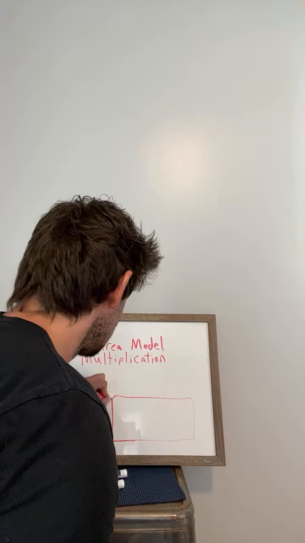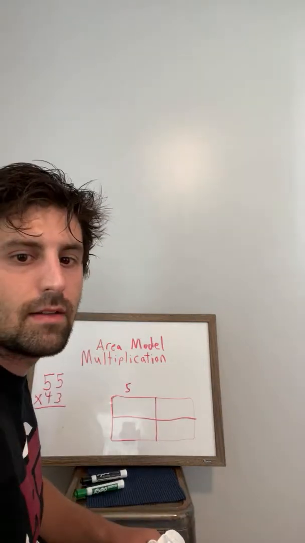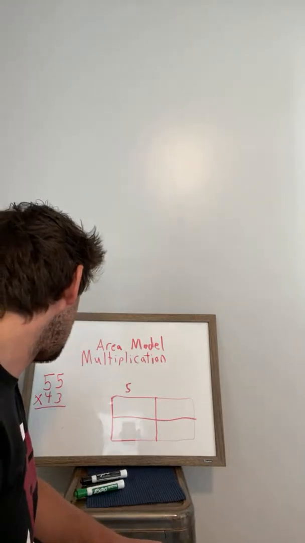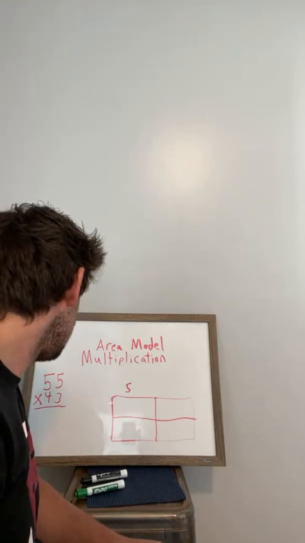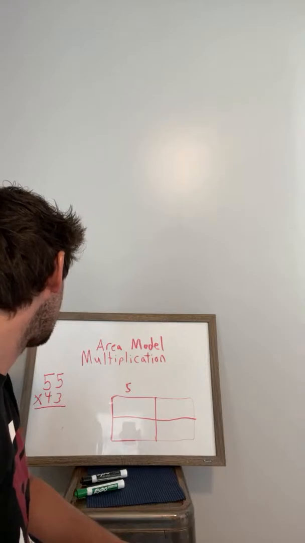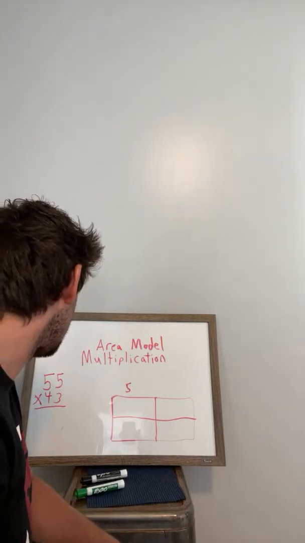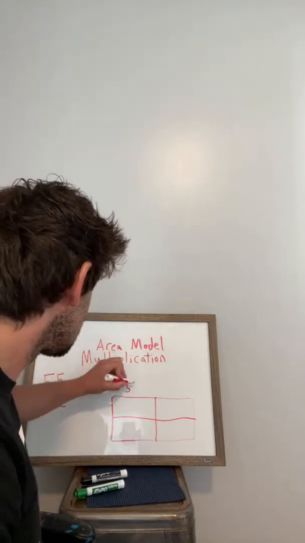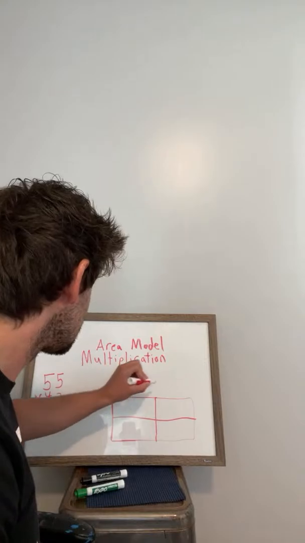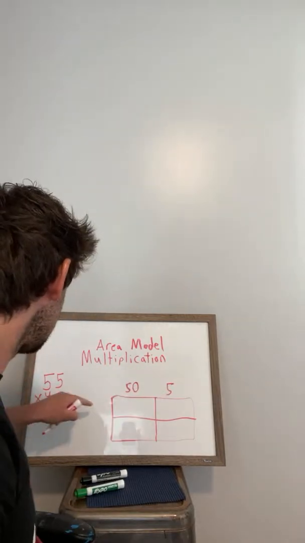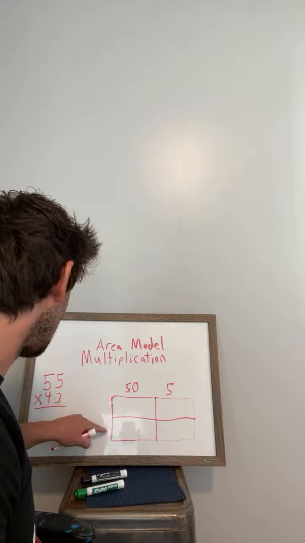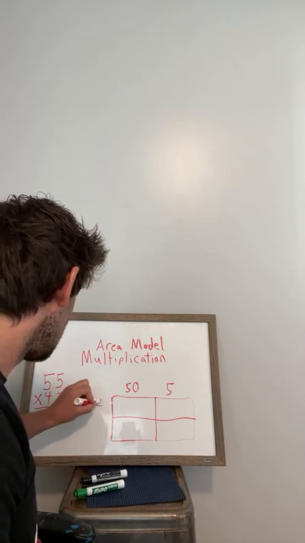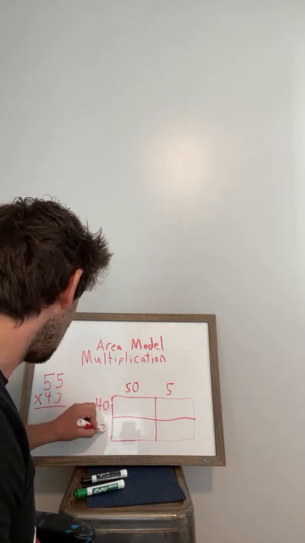So we have 55 times 40. 55 times 40, that is the problem. Right, oh, I said 55 times 33, but hey, we'll make it 55 times 43. So for the box, tens and ones. So we have 50, we have 5. Then over here, notice I drew an extra box because it's 2-digit by 2-digit. Then we have 40, and we have 3.